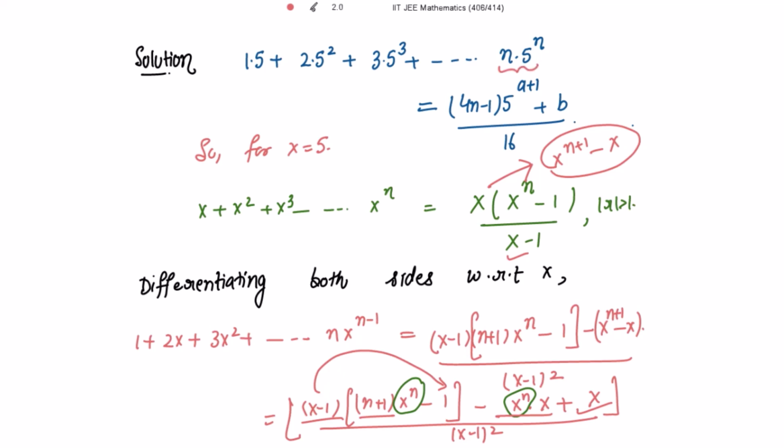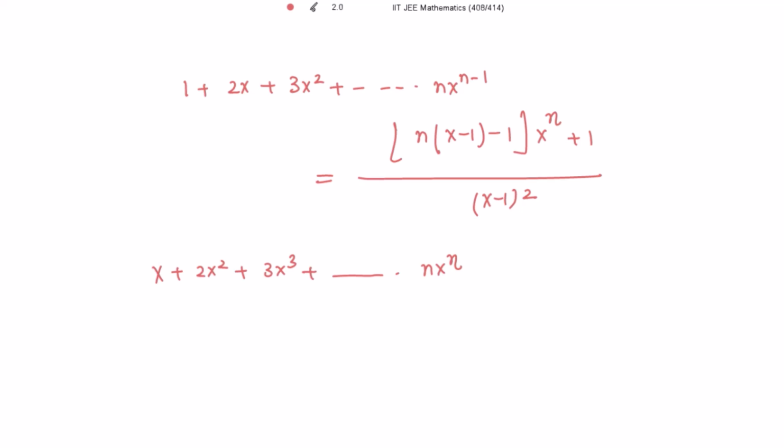As here I am having n into 5 the power n. So when we replace this 5 with x, we get this to be n into x the power n. So on multiplying both the sides with x, I get n into x the power n. So this is equal to, multiplying x here, I get here x the power n plus 1 and here x divided by denominator.